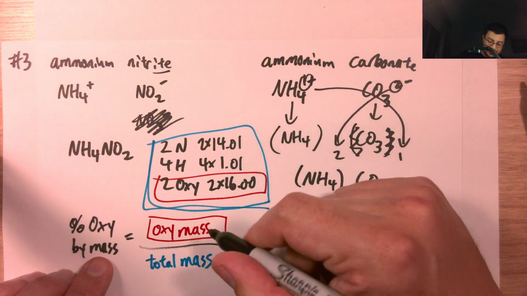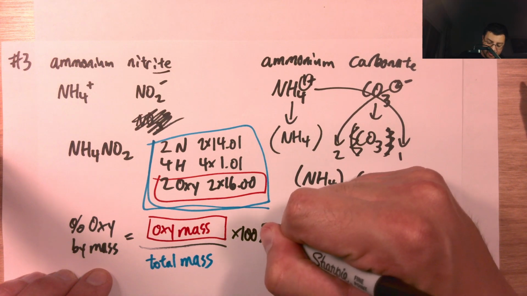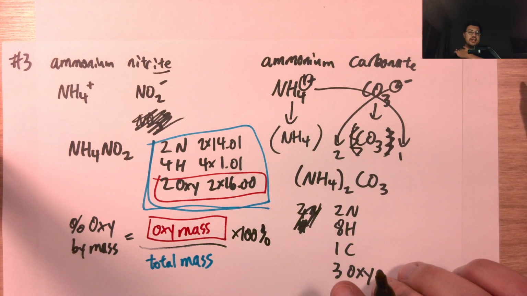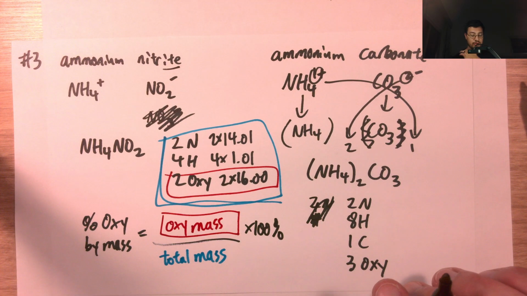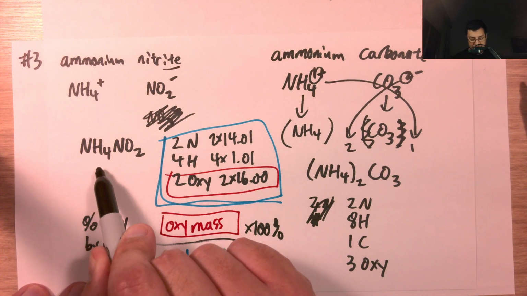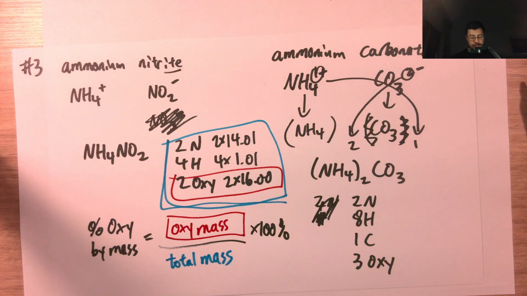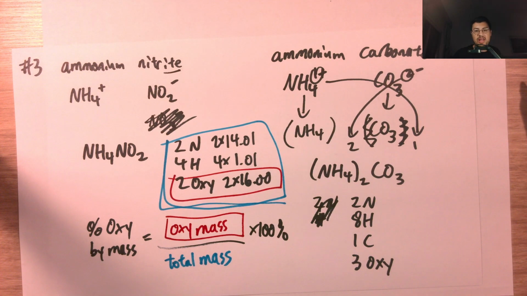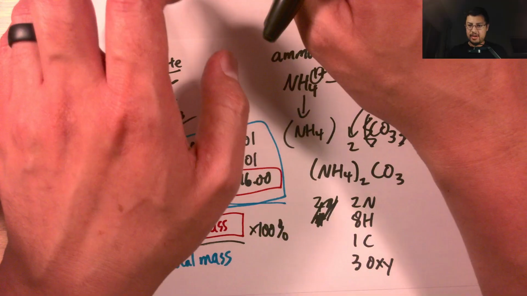And of course, if it's a percent, take your final answer and multiply it by 100 in your calculator. So if you do everything right, you're going to do it for this compound and for that compound, and you should get the same oxygen mass for both of the compounds.